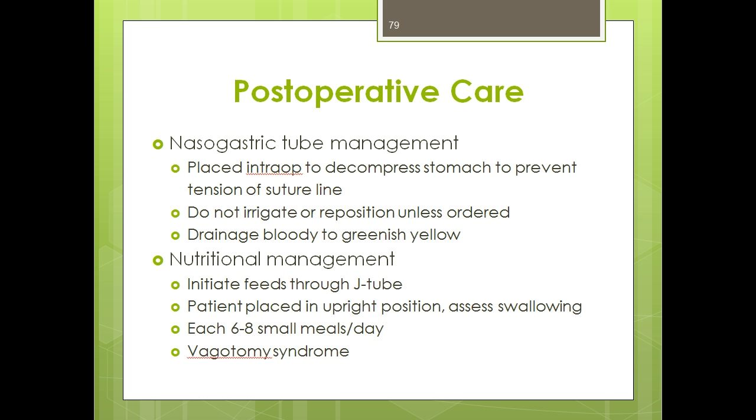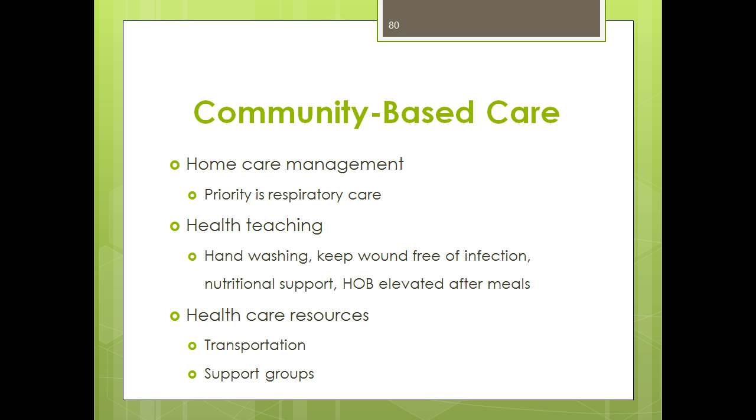You're always going to assess the swallowing. And also, they're going to eat 6 to 8 small meals per day. So that's basically what they have to look forward to post surgery. Community based care: they're going to have community health care post-op once they get home.